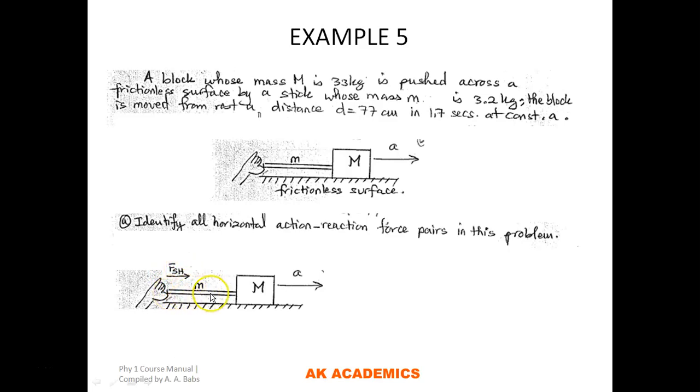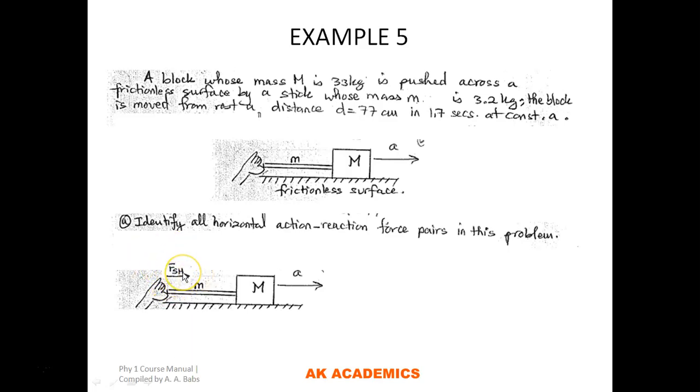This is the stick, this is the hand. The direction of that force will be forward because the hand is pushing the stick. H represents hand, S represents stick, and F represents force. This is the first force that we have here.